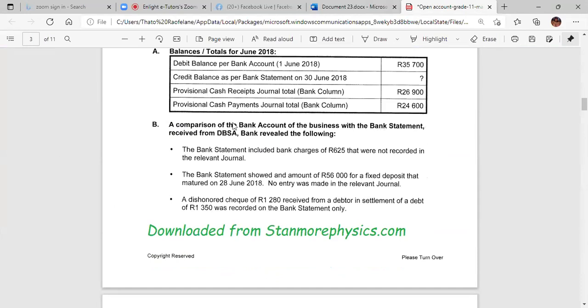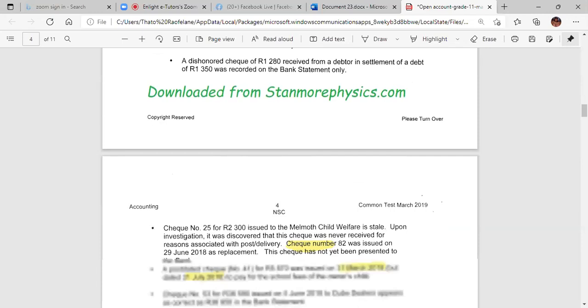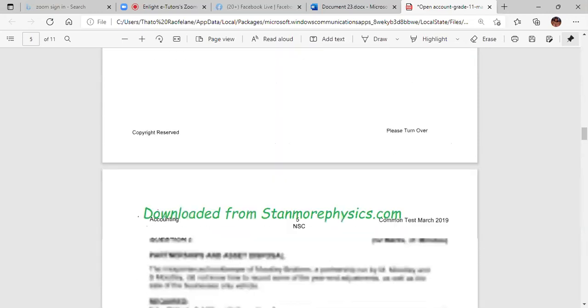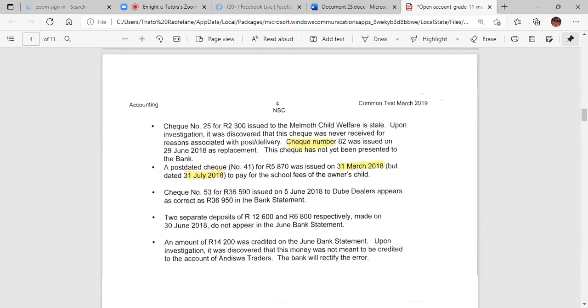On that statement, there is always a check you should look out for. We're going to do a question paper like that tomorrow, so don't worry about it now.